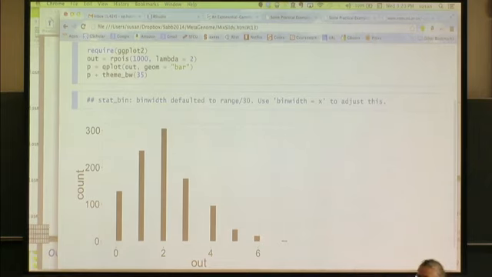I'm not going to write out the formula for the Poisson, but you get a majority at the value 2, but you also get a lot of 1s and quite a few zeros. You get 3, 4, 5, 6, and then it hardly goes to 7. Okay, so that's a typical Poisson random variable.